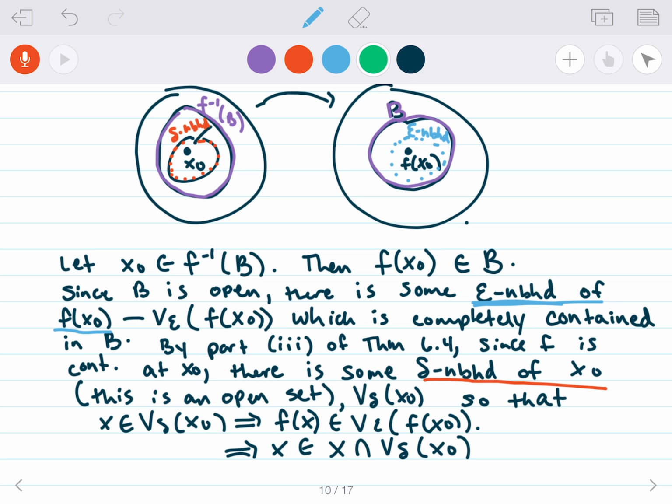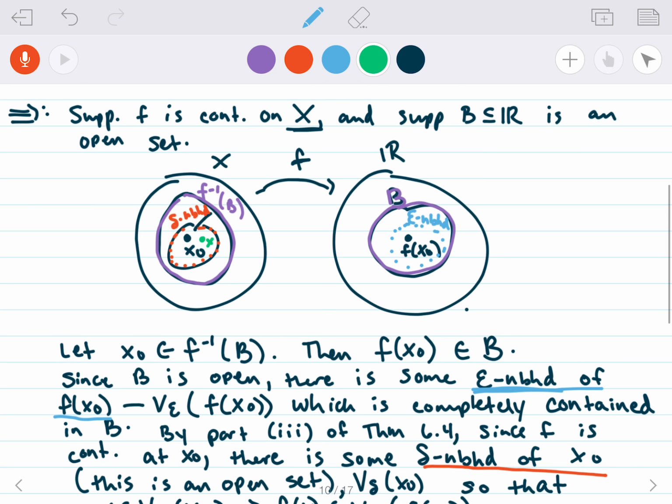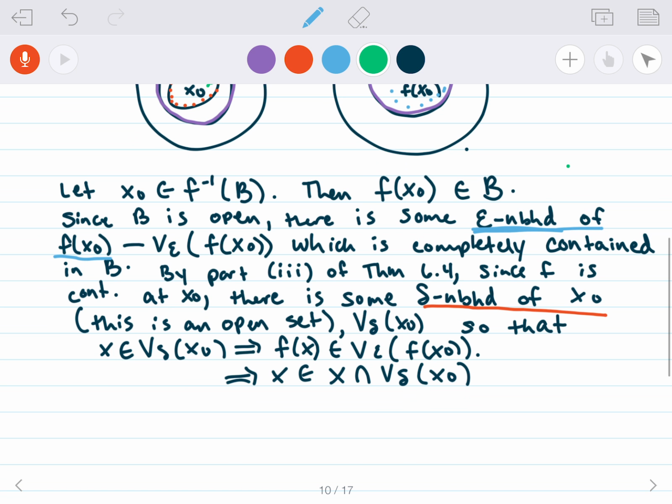Because if x is somewhere in this neighborhood, it's certainly going to be in the bigger space, and it's going to be in the delta neighborhood. Hence, it's going to be in X intersect the delta neighborhood. Okay, so I'm just using definitions here. I'm just saying this implies this.